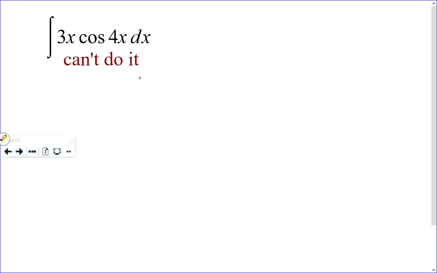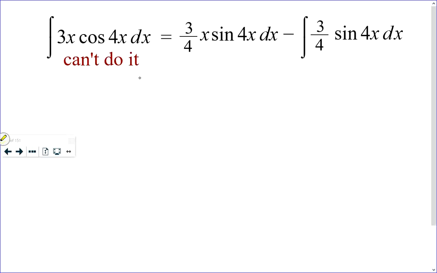But if you apply the integration by parts formula, and you don't know how to yet, you will get this. And this integral over here you can do. I'm not sure how many of you see, we'll talk about this a little later in detail, that this will be negative 3/16 cos of 4x.